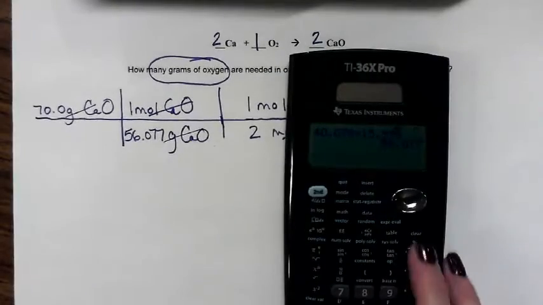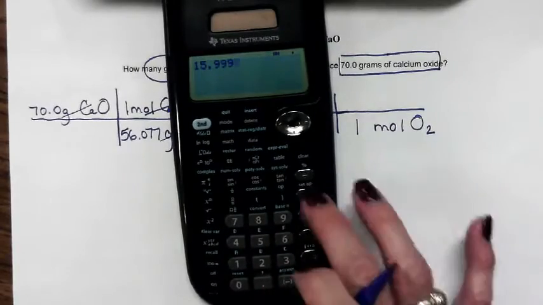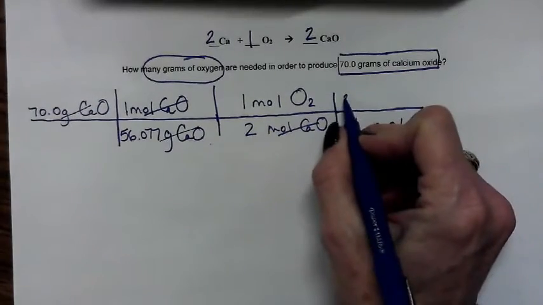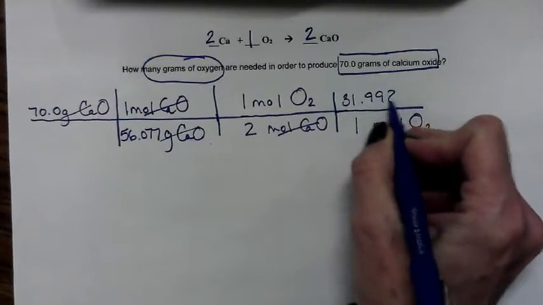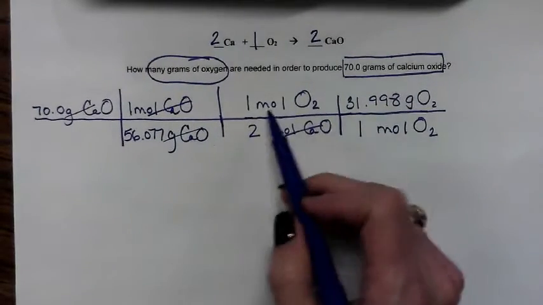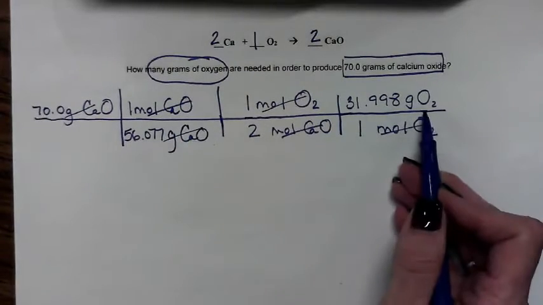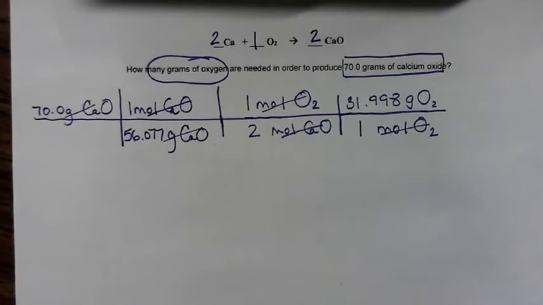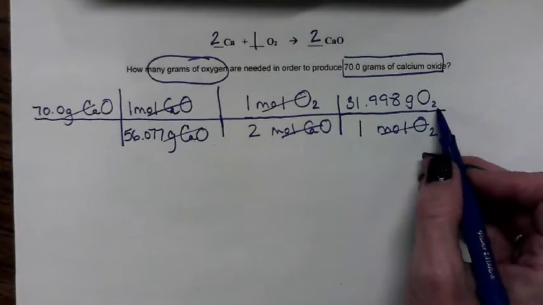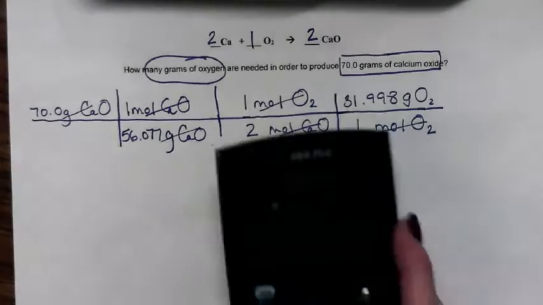So what's the molar mass of oxygen? Okay, since it's O2, it's 15.999 times 2. 31.998 grams of O2 in 1 mole of O2. Moles cancel. Look, I got grams. That's what I wanted. I'm done. If grams of oxygen is what you're looking for, and you finally get that in the numerator, you're finished. Now you can do math, and we all love math.